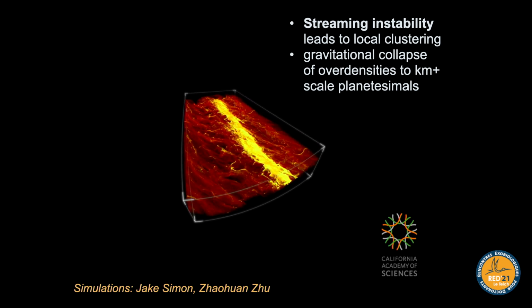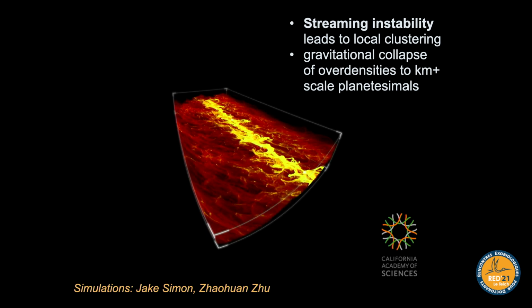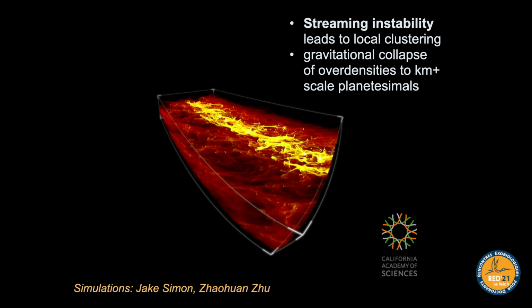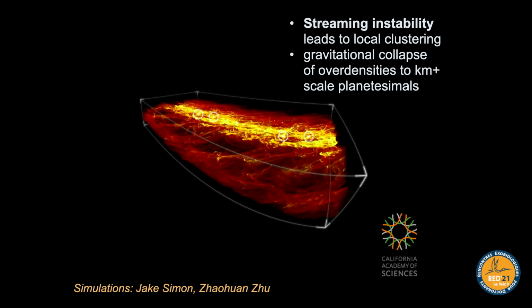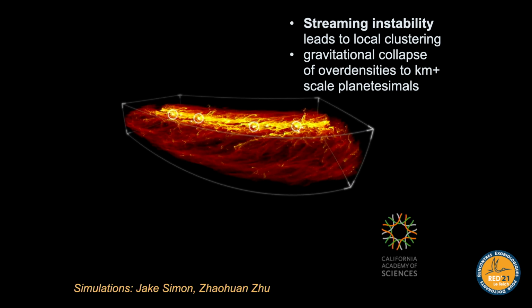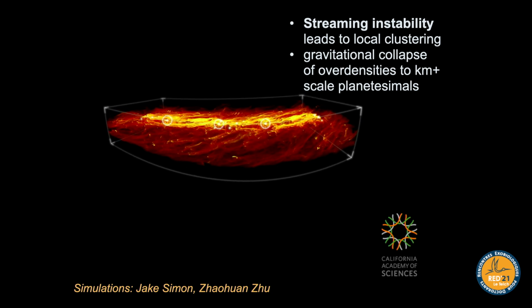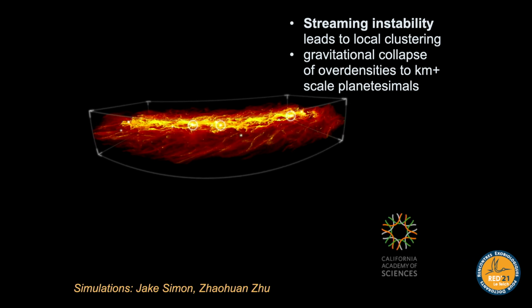Zooming in on this little part of the planet-forming disk, what you can see is this little slice. An actual simulation is usually just a little slice like this. And you can see these waves of dust clumping together. And in certain regions, that radial clump is going to become dense enough that planetesimals can form.